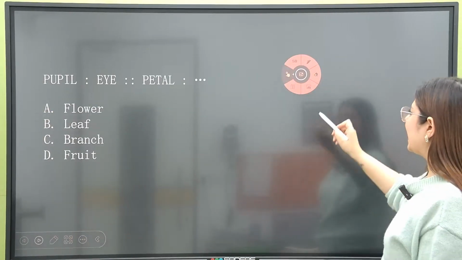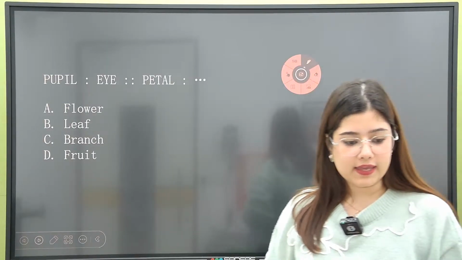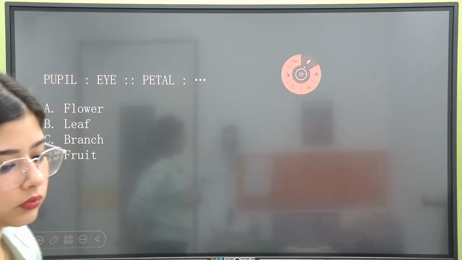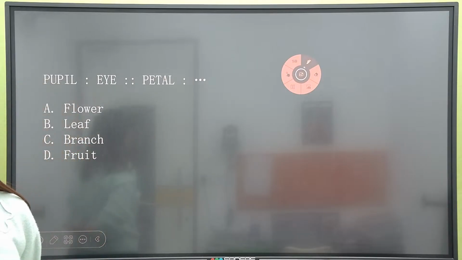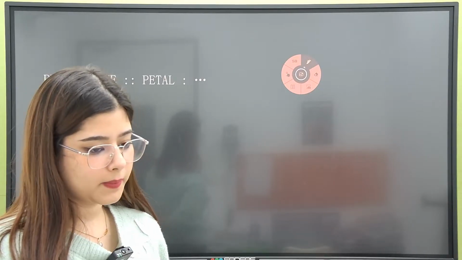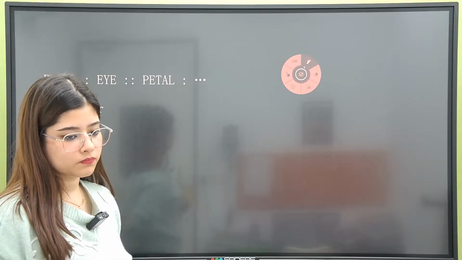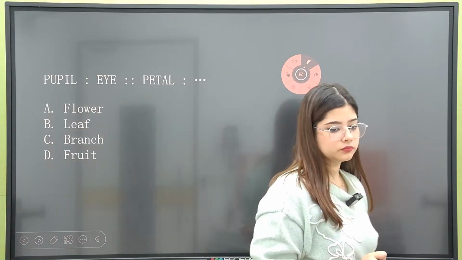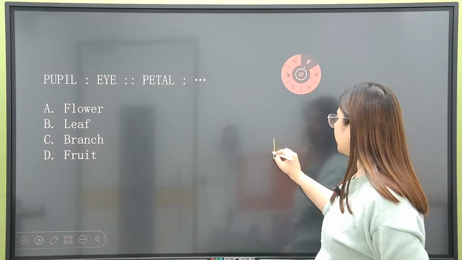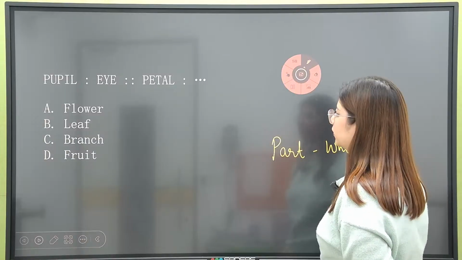Pupil is to eye, such as petal is to. What is the relationship? The relationship is part to whole.